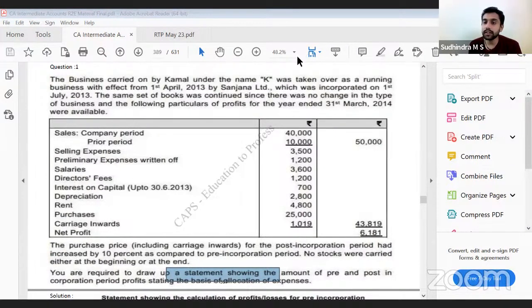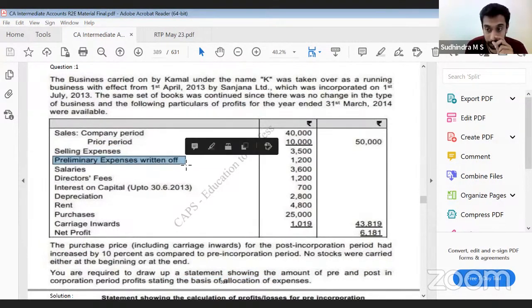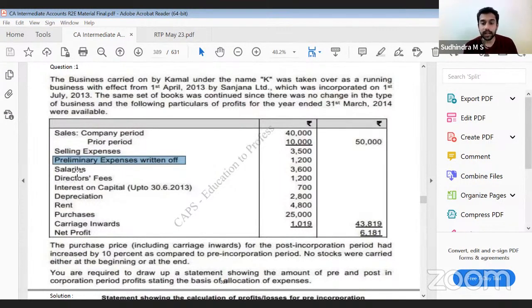So once we are done with this, we can directly prepare the statement. Here, selling expenses, which ratio? Sales ratio. Preliminary expenses, purely post-incorporation. Salary, time ratio.